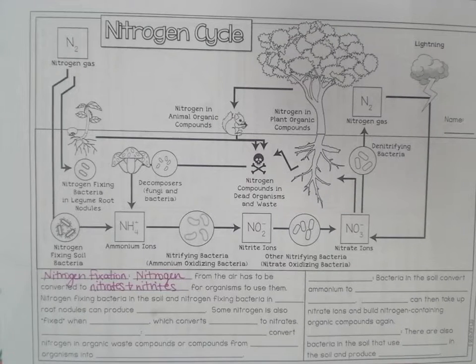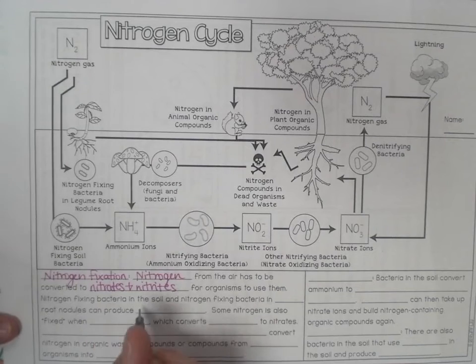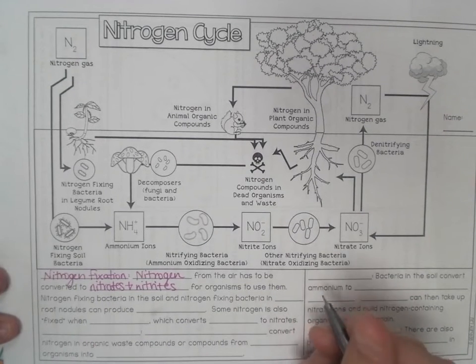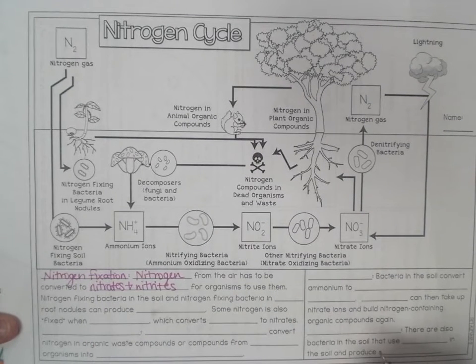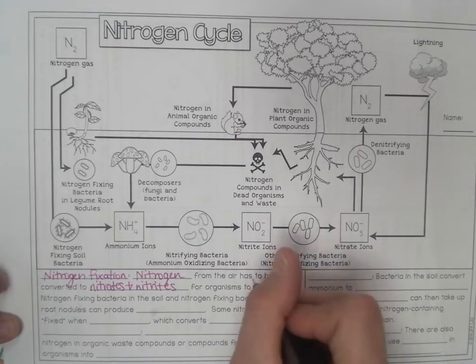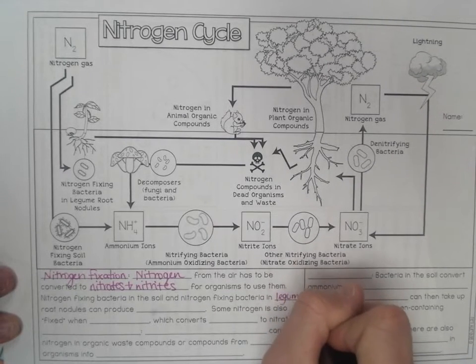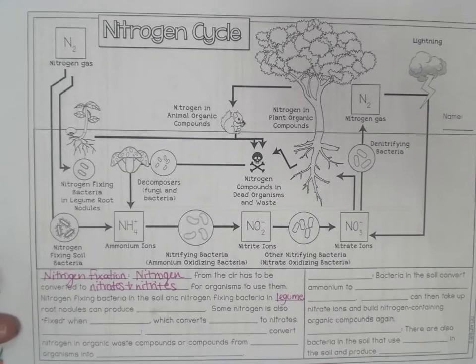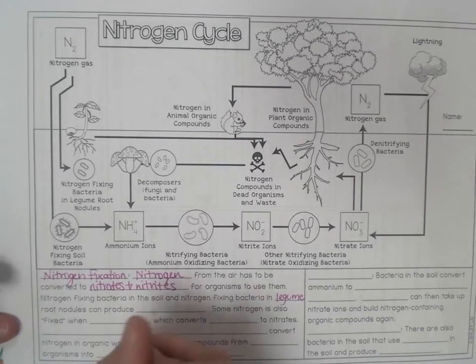Nitrogen fixing bacteria in the soil and nitrogen fixing bacteria in legume root nodules can produce ammonia ions.